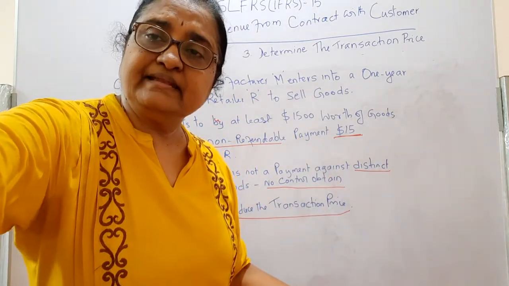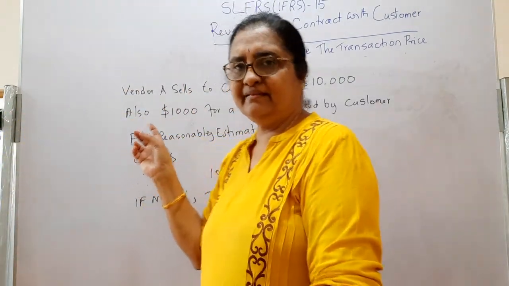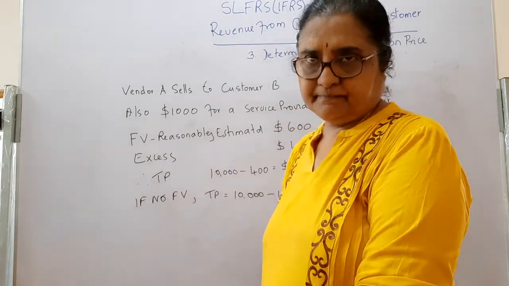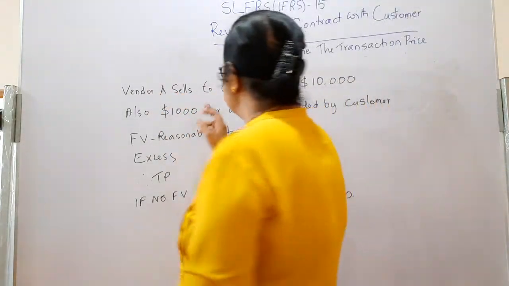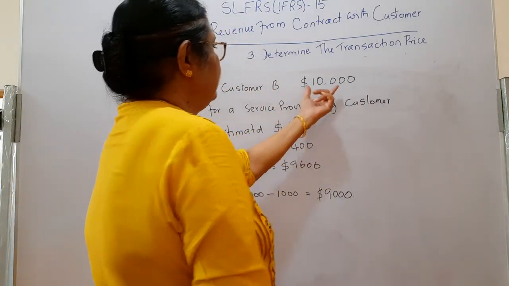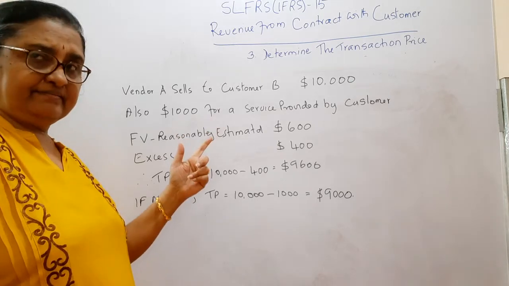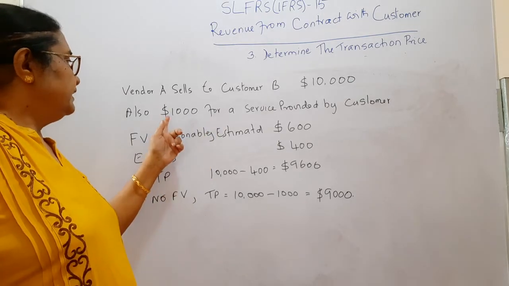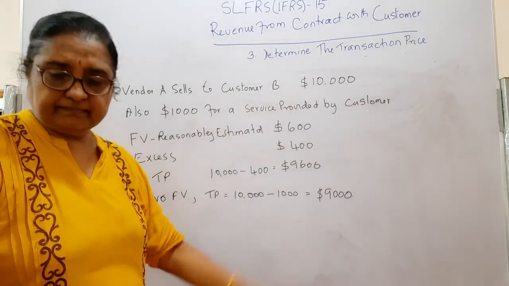So we will see another example. Okay, here is another simple example. Vendor A sells to a customer B $10,000 worth of goods. He also pays, in addition, $1,000 for a service provided by the customer.